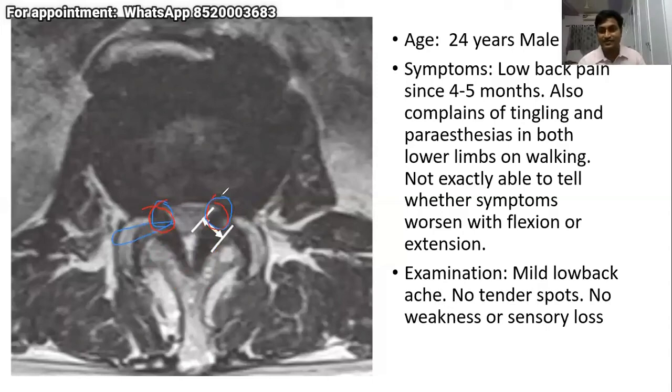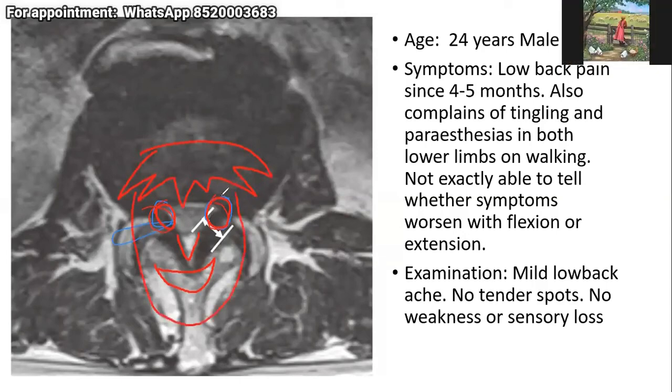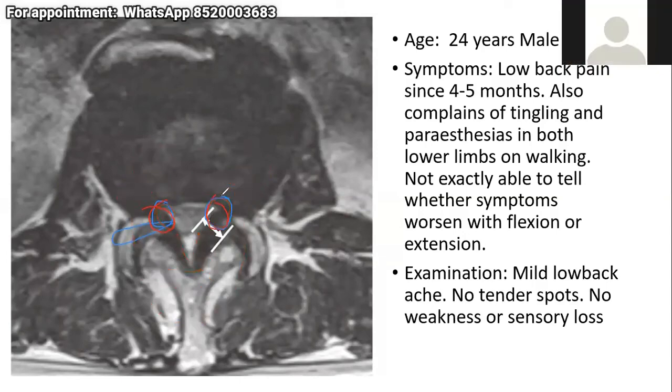Fatima. Yes, sir. So will you advise this patient flexion-based exercises or extension-based exercises? Flexion-based exercises, sir. Think over. There are two pathologies here. The patient has a canal stenosis and also a disc bulge. For disc bulge, what exercises do you offer?